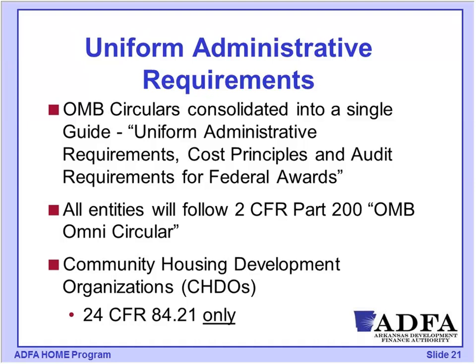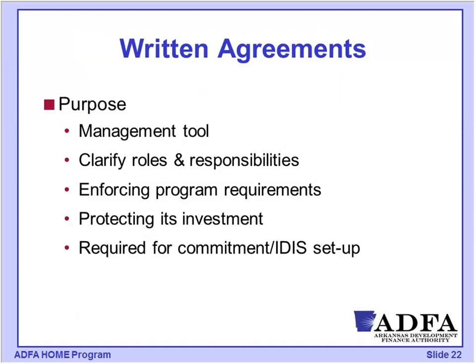We only have one subset of the Uniform Administrative Requirements that actually applies for CHDO funding, and that's found at 24 CFR 84.21. So a much smaller subset. We'll revisit that when we get to the CHDO section.